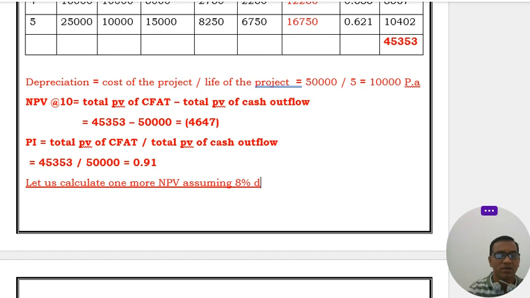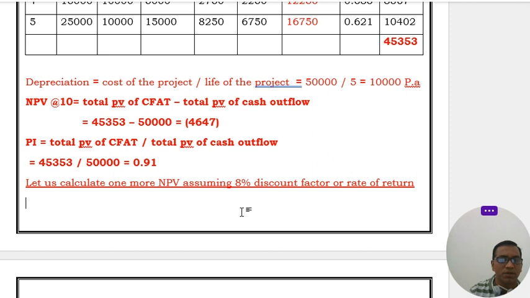8% discount factor. It is called the discount factor, or it is also called the rate of return, or it is also called the cost of capital. Why did I take 8%? It should be below 10%. Why should it be below 10%? See here. When I calculated the NPV at 10%, I got 45,353. I got NPV negative. So if I got NPV negative, I have to increase this value.